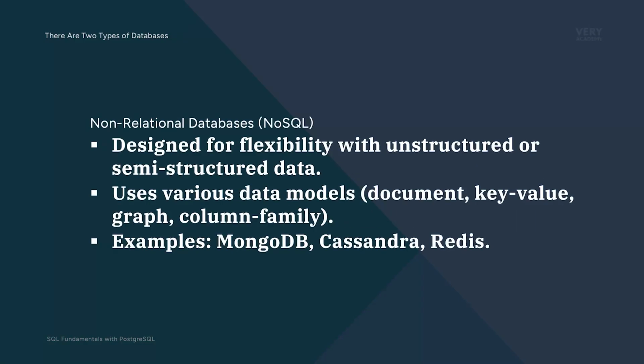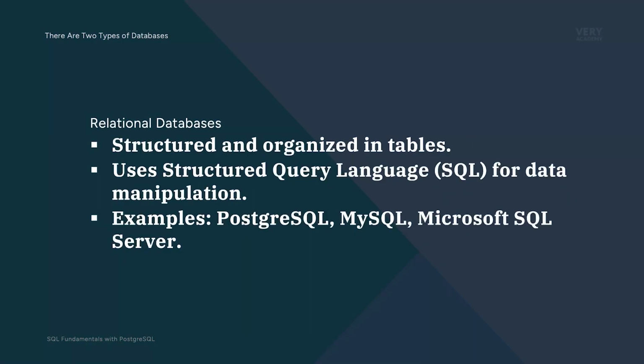On the other hand, non-relational databases or NoSQL databases are designed for more flexible, scalable storage. They can be ideal for handling large volumes of unstructured or semi-structured data, such as JSON documents, graphs, or key value pairs. So when deciding where you want to store your data, while SQL databases or relational databases are best suited for structured data and complex relationships, NoSQL databases are often used for big data applications, real-time analytics, and distributed systems.